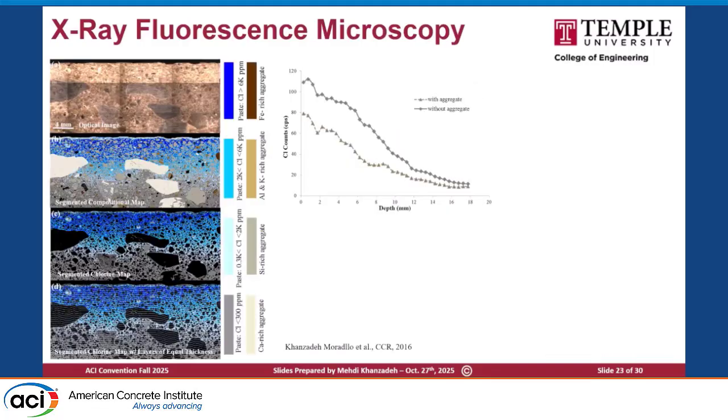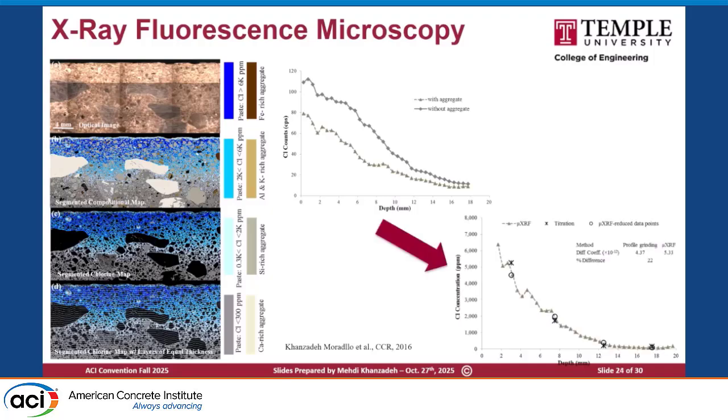So here's the example for chloride profile, basically the evaluation. We have this sample, so we analyze, we cut slices over the depths, and with 50 micron resolution, we can get these chloride counts here, right? So without aggregate and with aggregate, we can have, again, different chloride counts based on the percentage.